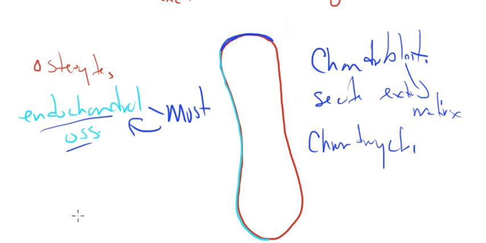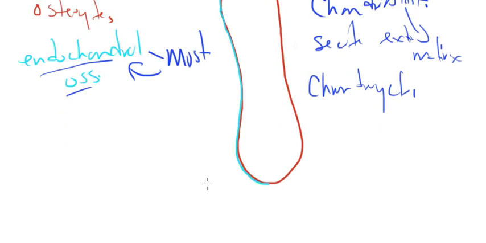Then after that, we have the development of the primary ossification center, and this ossification proceeds inward from the external part of the bone. This is where we have an artery that brings nutrients, not just blood, but the nutrients that go along with the blood.